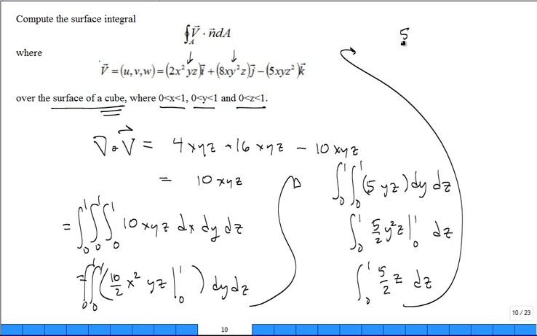It's 5 fourths z squared, 0 to 1. So the answer finally becomes 5 fourths. Did I do that okay? Look good? Yeah. True. Great exercise in integration. I see no fluid mechanics in it, but hey, good math.